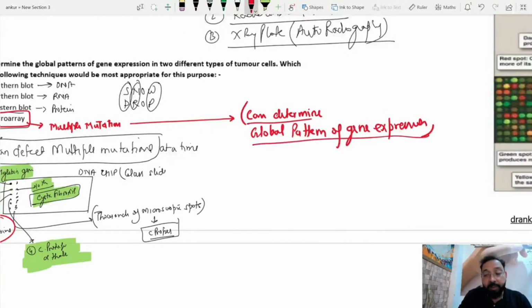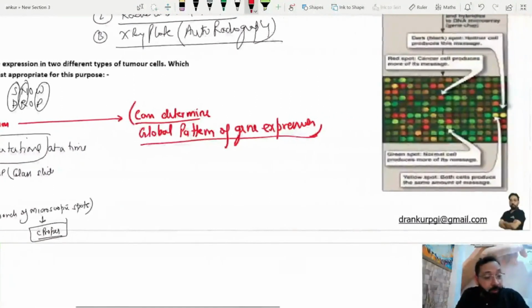What does it mean? I told you that in our genome there are 25,000 genes. If I give you a cell and ask you, out of 25,000 genes, how many genes are expressed in this cell?